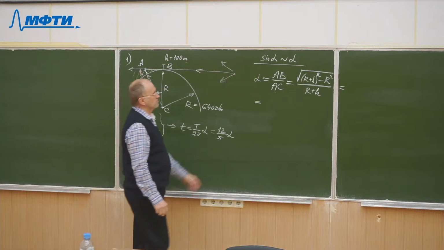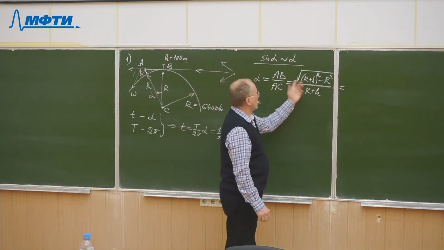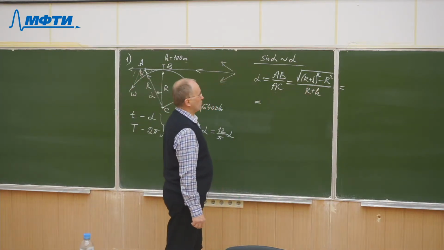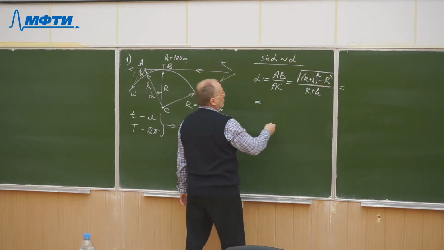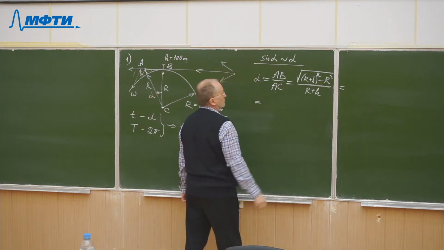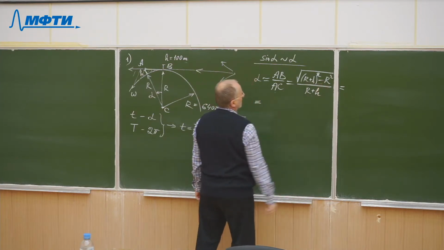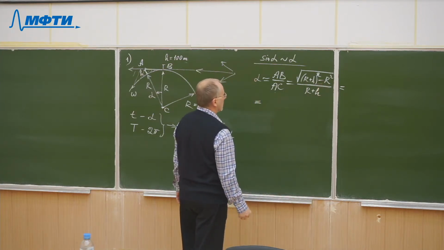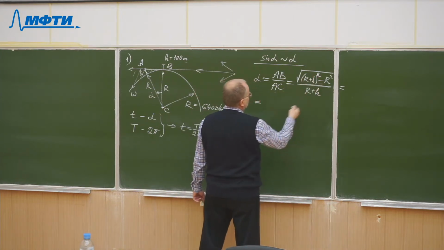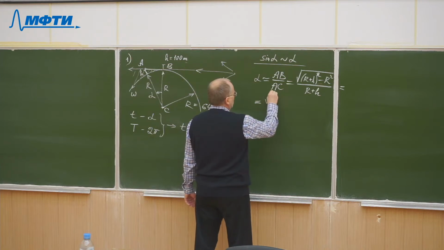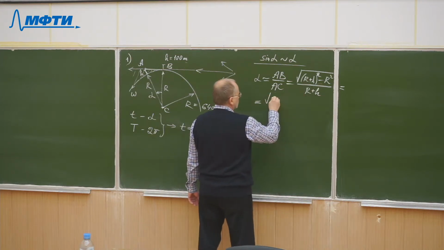Yes, everything's correct. So how can we tackle this expression? Under the square root, we have the difference between two squares. The easiest way is to open these round brackets.